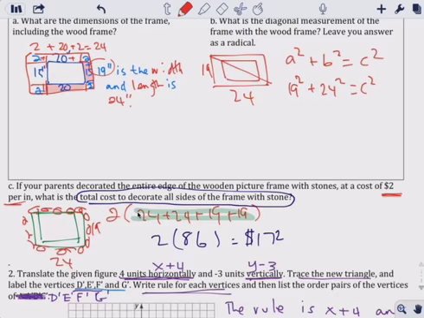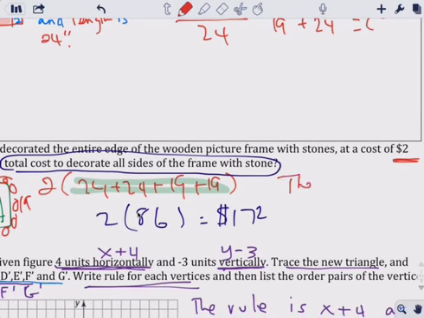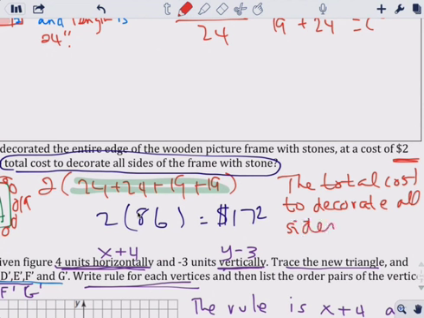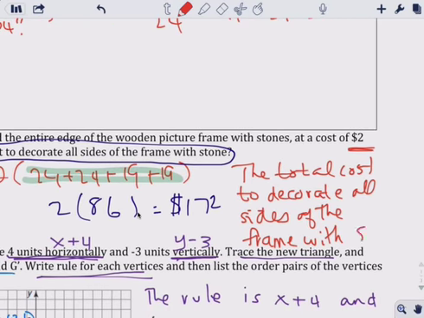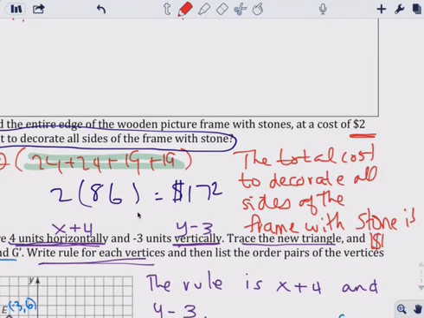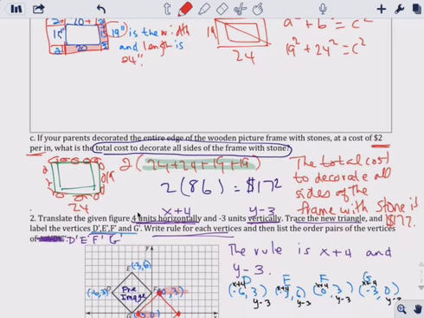The total cost to decorate all sides of the frame with stones is $172. Make sure you answer what is in the question, and answer in a complete sentence.